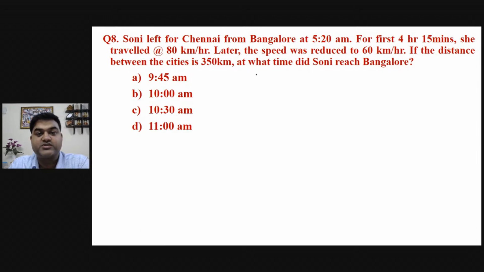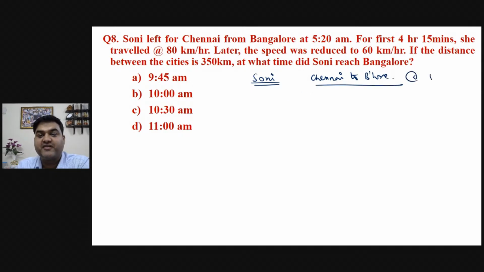There is a girl, Sony, and Sony has to travel from Chennai to Bangalore. Very good. Now she starts at 5:20 a.m., in the morning. Try to understand what is given.